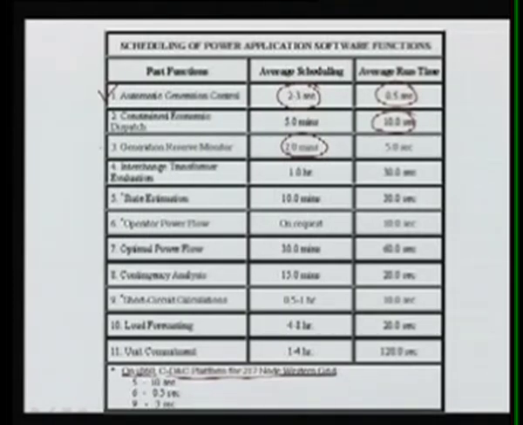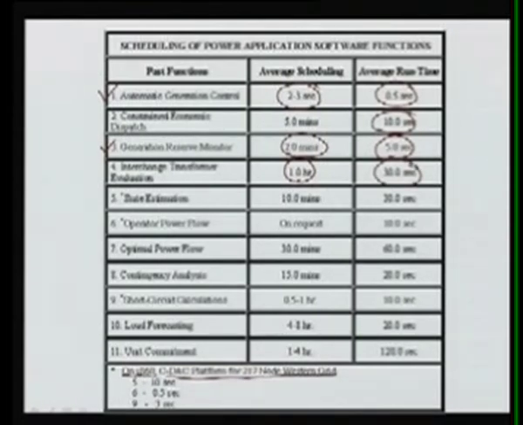We go to other power application software functions, that is generation reserve monitoring, which requires 5 seconds for the average run time. Interchange transaction evaluation, that is ITC evaluation, may go for 1 hour average scheduling time, and the average run time for this is almost 30 seconds.